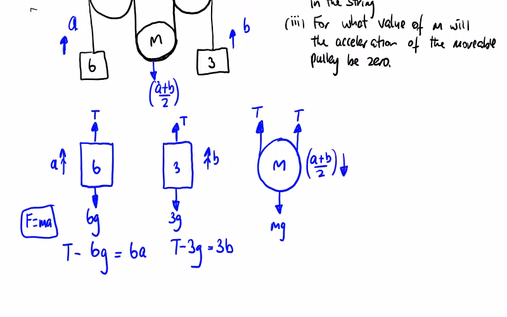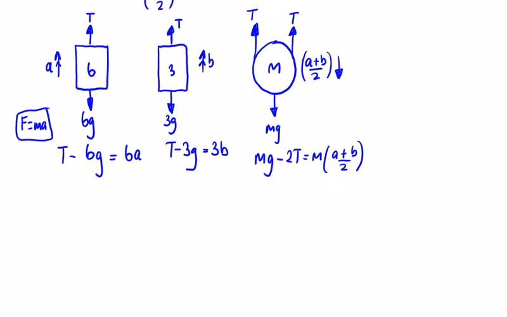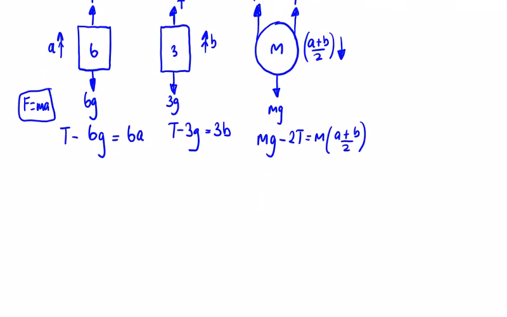So my equation is mg going down minus the 2 T's that are going up is equal to the mass, which is m, times (A plus B) over 2. So what we do from here is write my A's and B's from the 6 and 3 kilogram masses in terms of the other two, and then we'll replace them in here, and that should enable us to simplify it down.